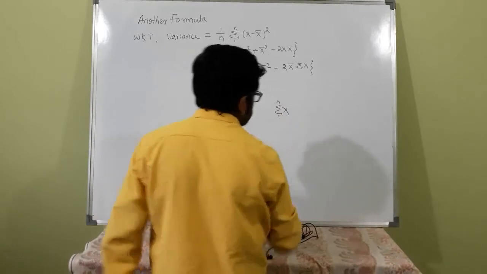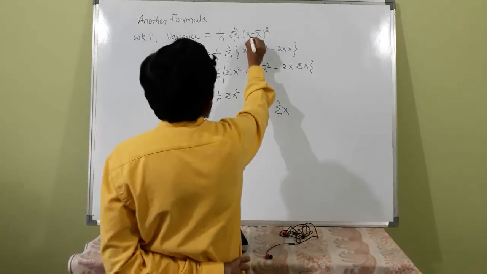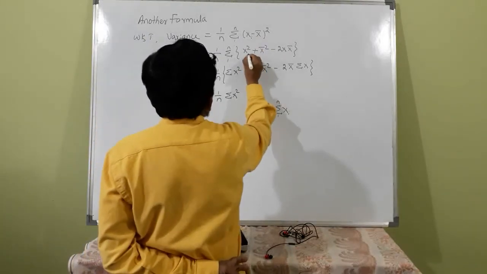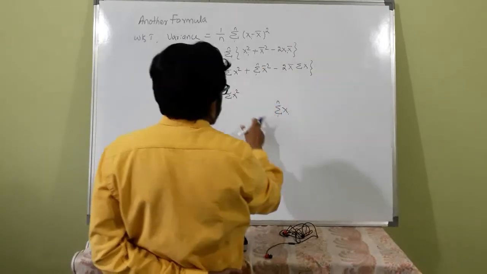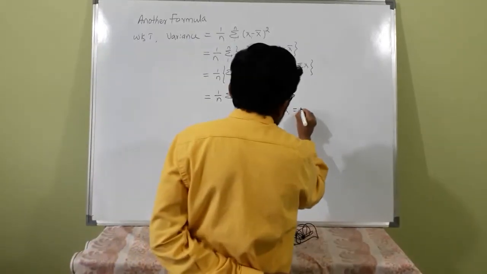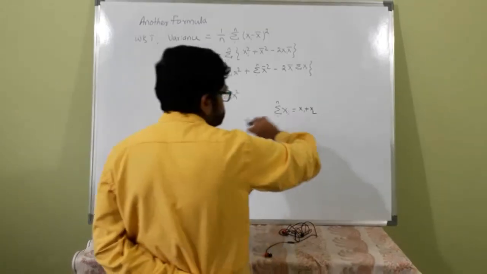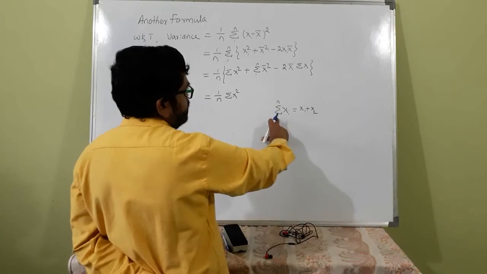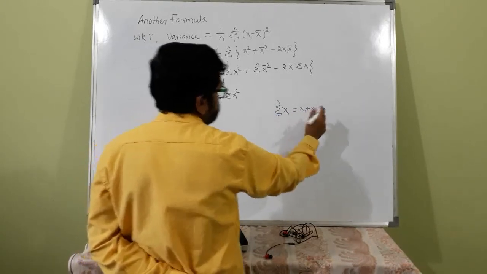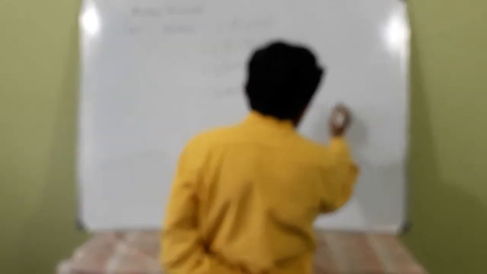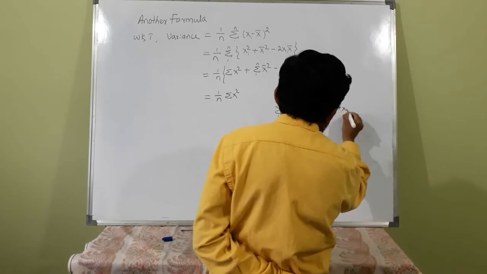Actually, you have to write xi, because i is running from 1 to n. When i is 1, this is x1. When i is 2, x2. Sum means sum of all xi: x1 plus x2 plus x3, x4, so on up to xn.